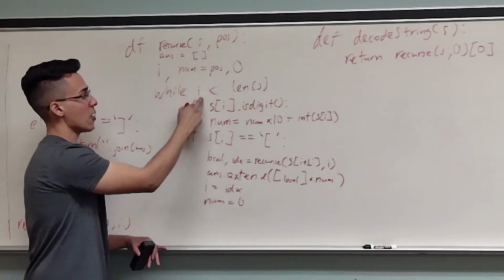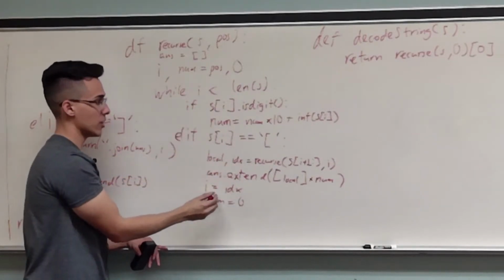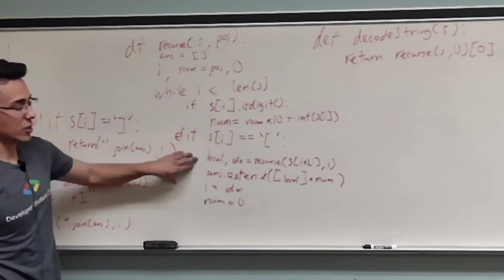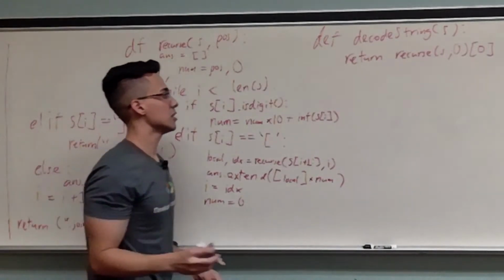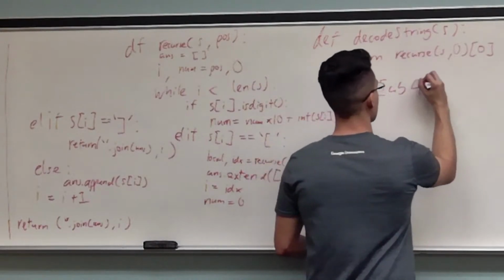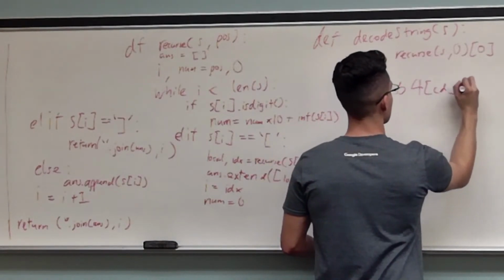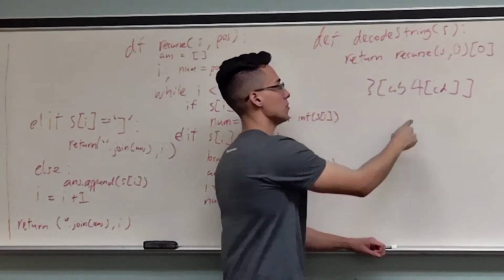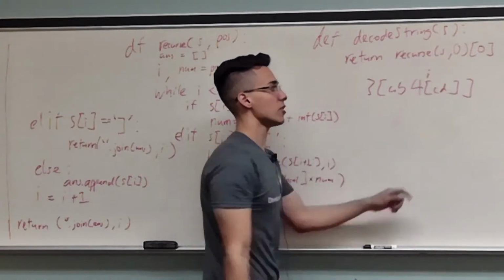We override our iterator i because here in this while loop, here's i at first, right?